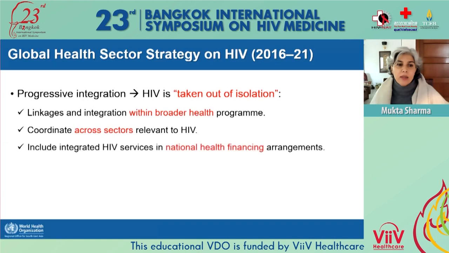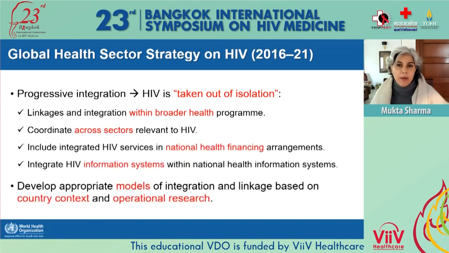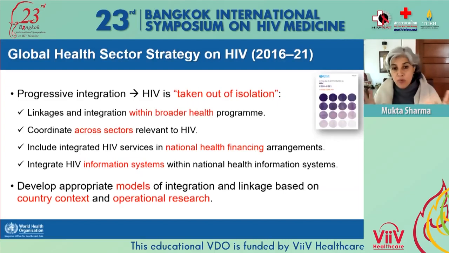So we'll think a little bit about what has happened in different regions of WHO. But before that, I just wanted to summarize a little bit where we were in the global health sector strategy for HIV, where we are very clear that we have to take HIV out of its isolation.